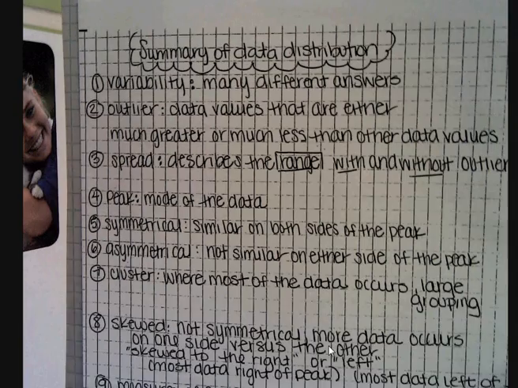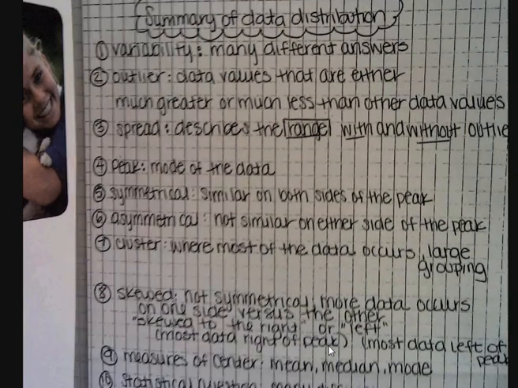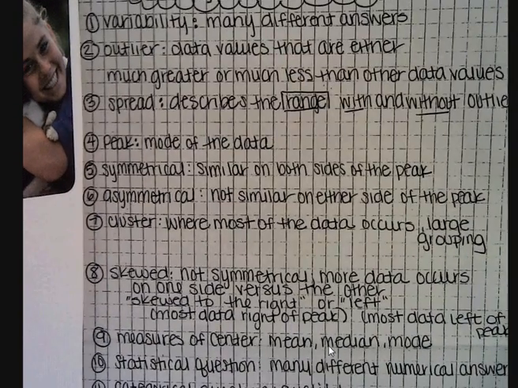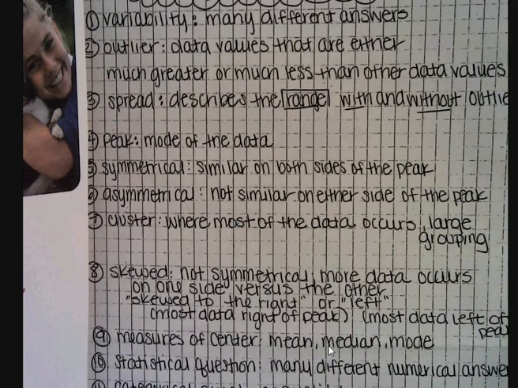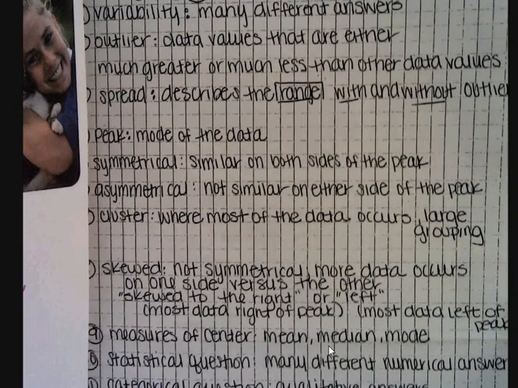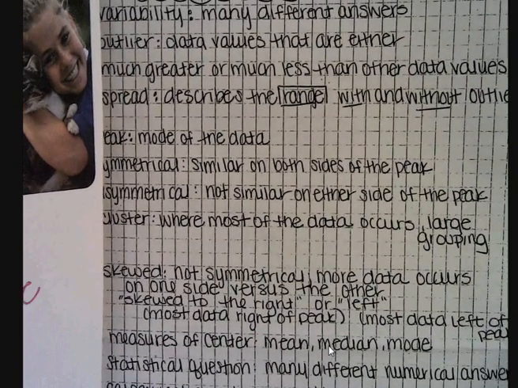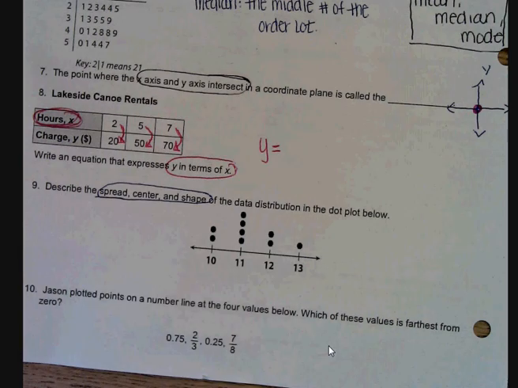They tell me if there's an outlier, the spread, your peak, if it's symmetrical, your cluster, your skew. Everything on these notes will explain your spread, center, and shape. So take a look at the notes and then describe it for me.